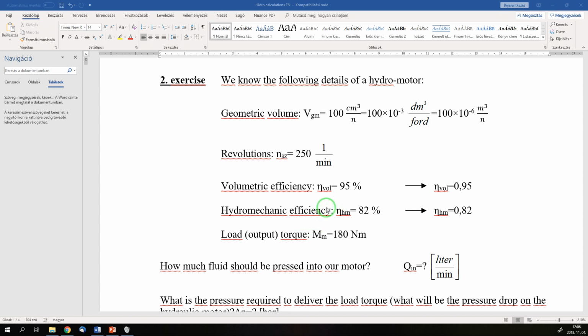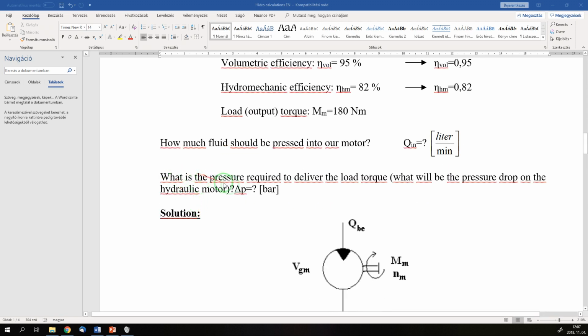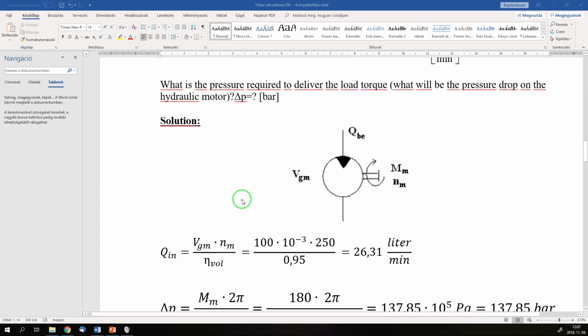The hydromechanical efficiency is 82%, and the output torque is 180 Newton meters. So how much fluid should be pressed into our motor? This is one question. And what is the pressure required to deliver the load torque? So what will be the pressure drop on the hydraulic motor? And we can calculate this like this.